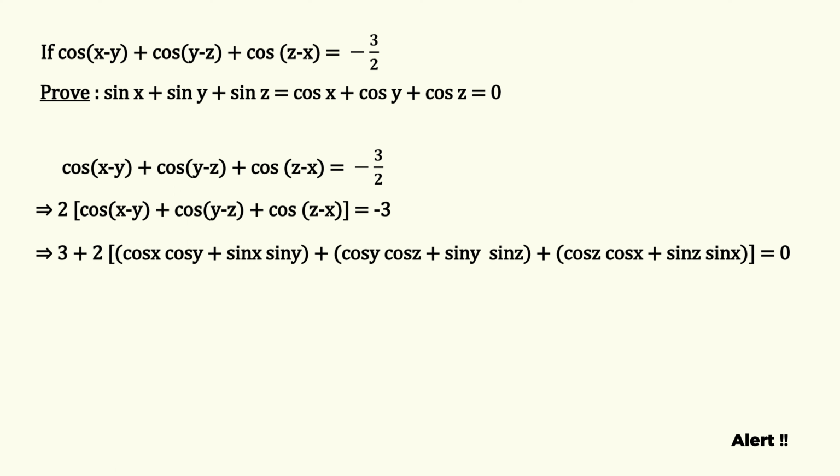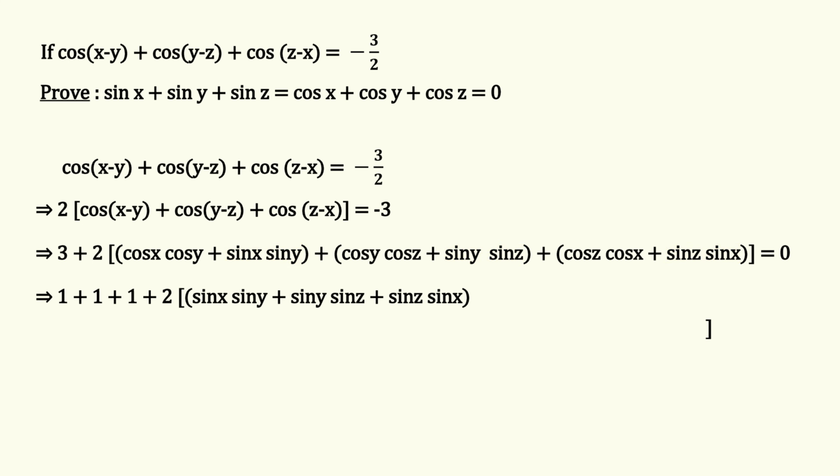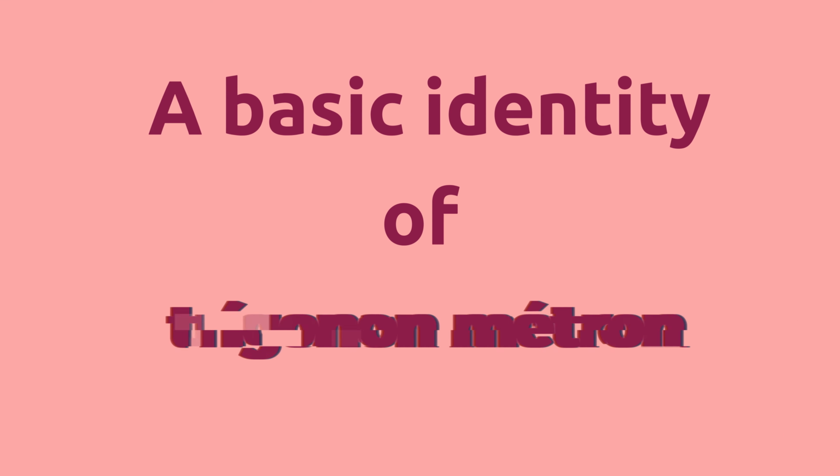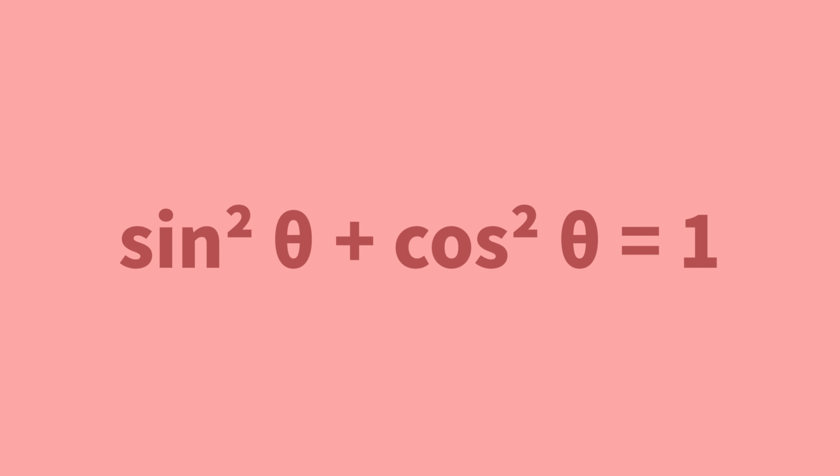Now watch very attentively as the next two steps are the most important steps of this solution. So break 3 into 1 plus 1 plus 1 plus 2 multiplied by, inside the square brackets, write all the sine terms together and all the remaining cos terms together, and equals 0. In the next step, we are going to use one of the most basic identities of trigonometry, that is sin square theta plus cos square theta equals 1.